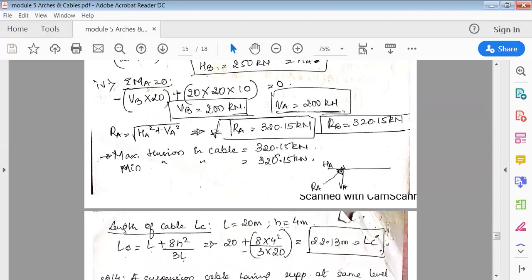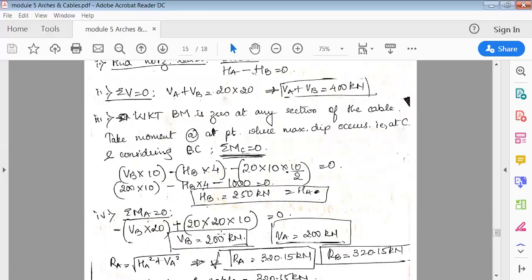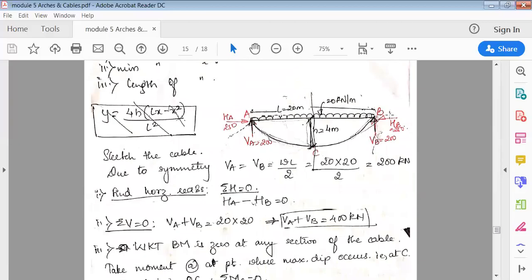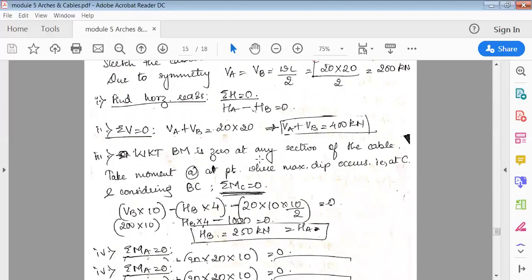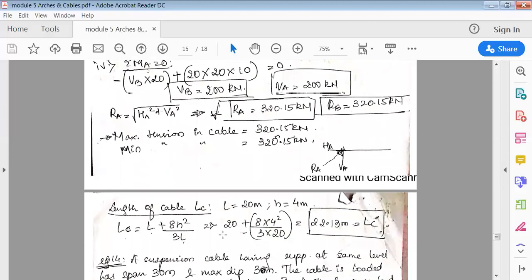Okay. Next, we have to find also the length of the cable. So the length of the cable LC is given by, so we know that L, the total length of the beam, is 20, and the height, that is the dip, called h, is 4 meter.